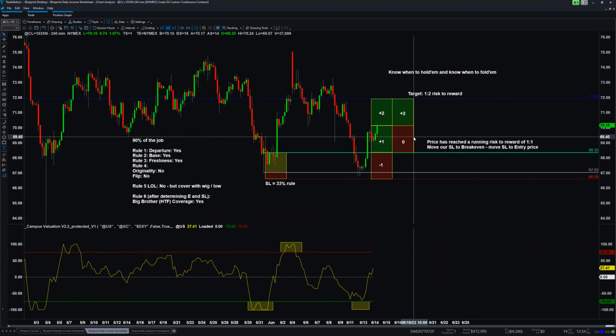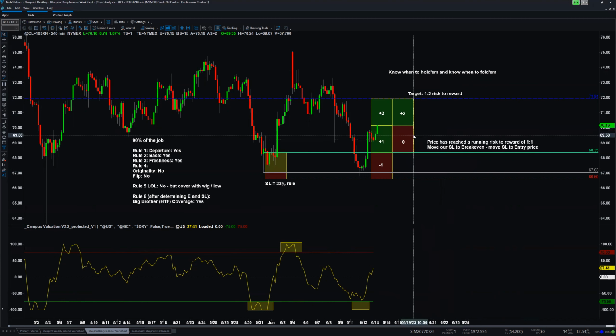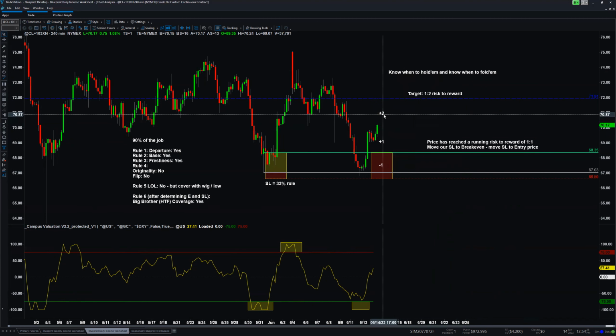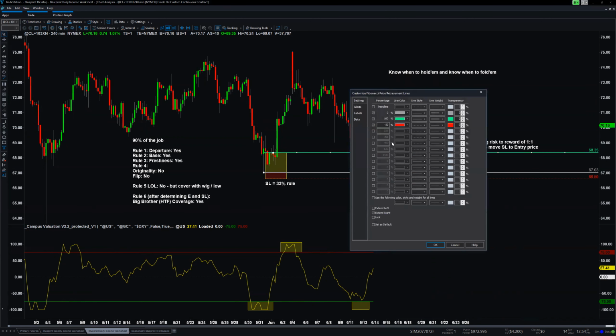So perfect. And I can remove now these boxes, because what I'm going to show you is how to set up the Fibonacci to get those kinds of areas as well.